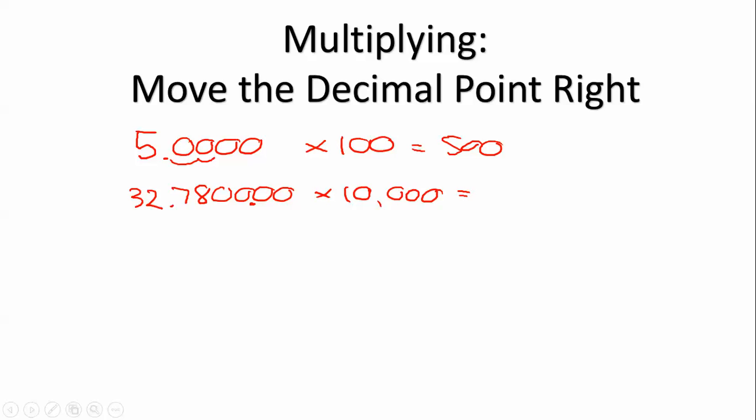So that's my new decimal place. And my answer is 3, 2, 7, 8, 0, 0, and I'm going to pop in the comma there because I find it easier to read with a comma. So the answer is 327,800.